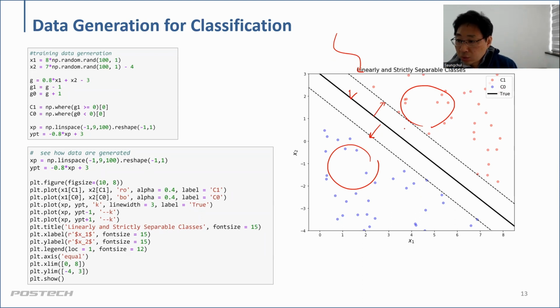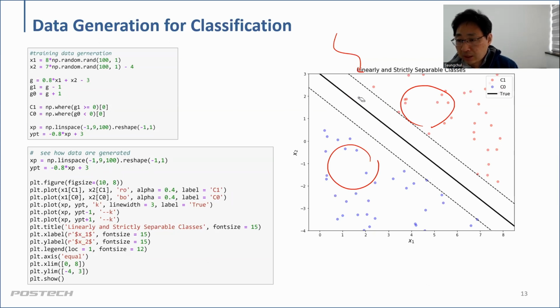I want to find the one that maximizes this distance. That would be the most robust classification boundary, an insensitive classification boundary.